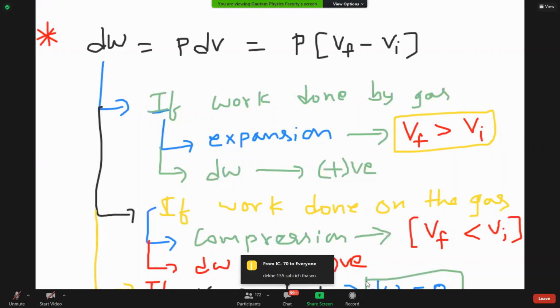So these are the cases we can observe about work done. These are the basic cases. When pressure is constant, you have to use this formula.